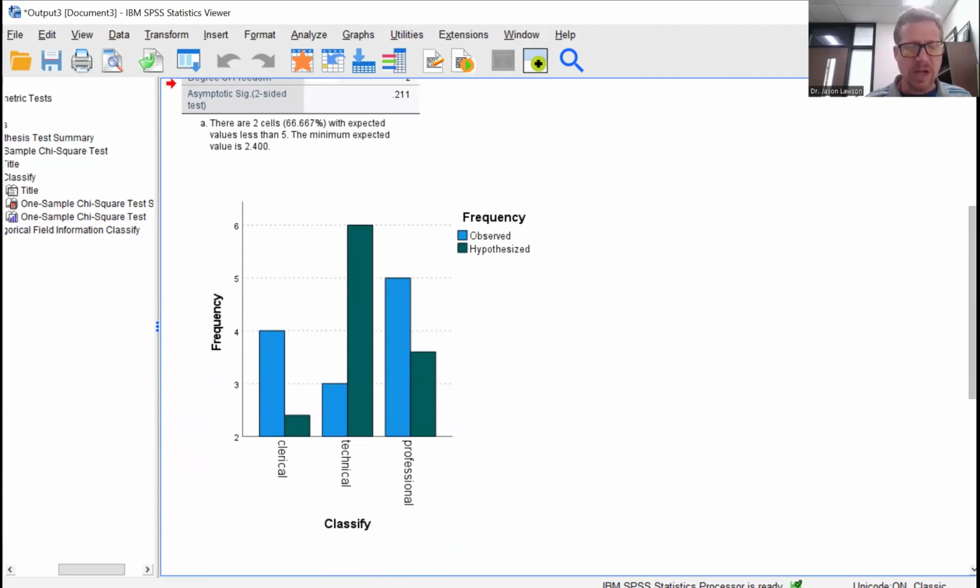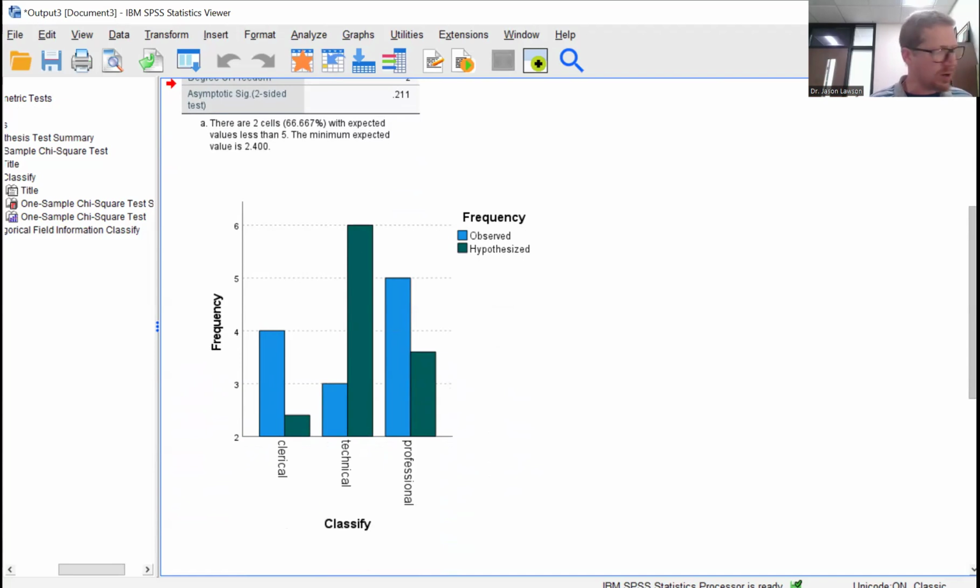We can also double check our frequencies. Clerical, the blue one, is 4 and the green one looks like 2.5. Technical is 3 and 6, and professional is 5 and 3.5. That looks like it's correct from the back of the book.